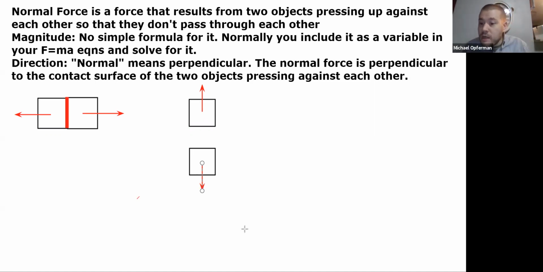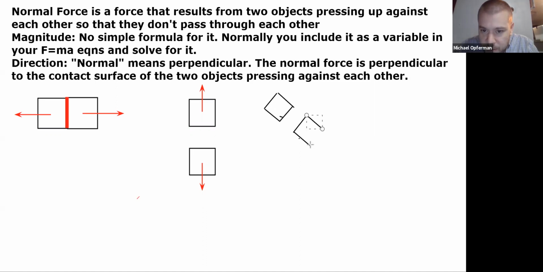You can also even have the normal force acting at an angle. If I put the blocks at an angle like this, then the normal force is at an angle. This one will be a little bit harder to draw on the slide because I can't rotate these blocks. Let me just see if I can do it really quickly here. So if my block is tilted like that, I'm going to quickly and messily draw this.